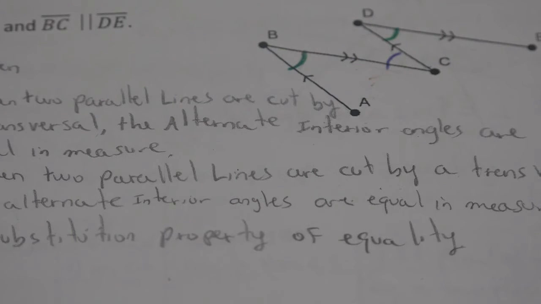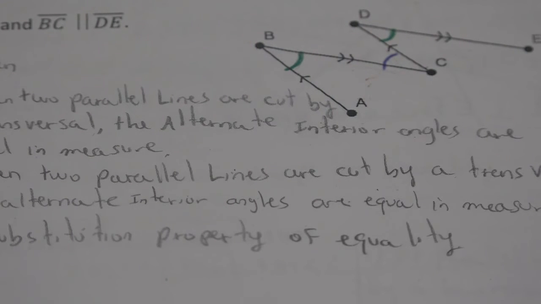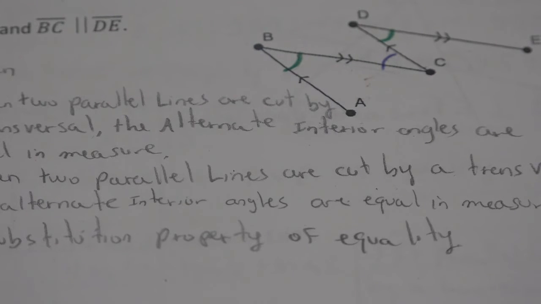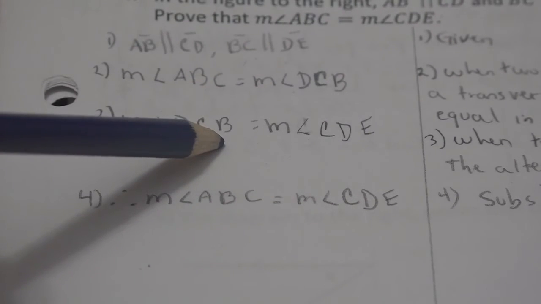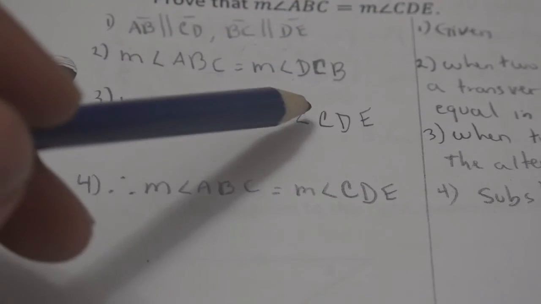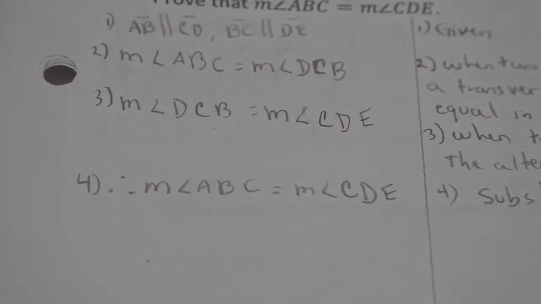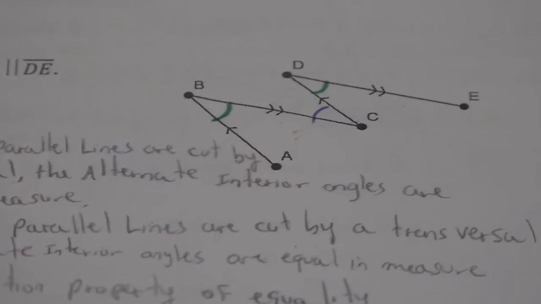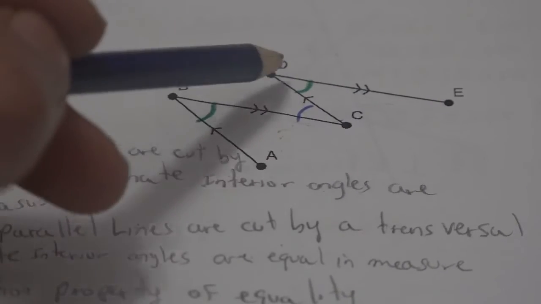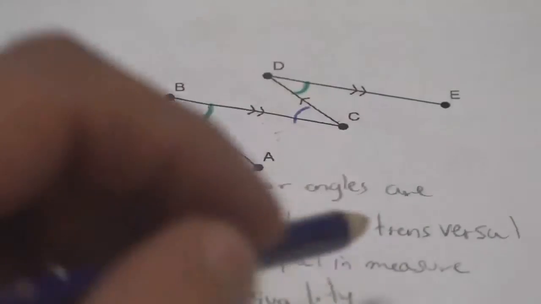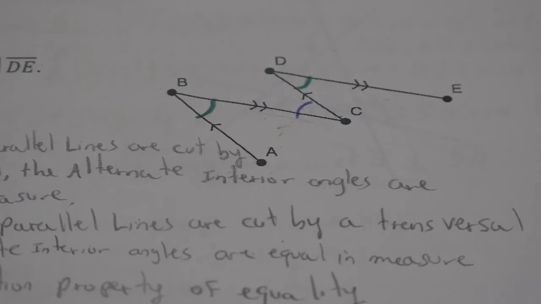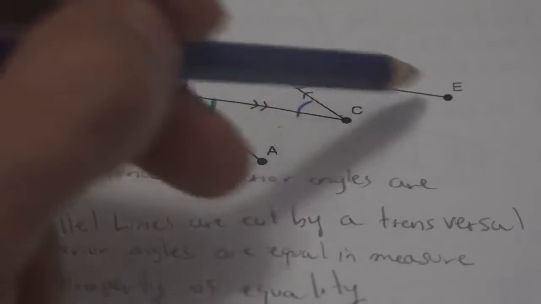Okay then. Now, I have those. Guess what? Now, my other reason is going to be that angle DCB is equally measured to angle CDE. Okay? Wait, what am I saying? That the angle DCB, this angle, is equally measured to the angle, oh gosh, sorry, to the angle CDE.